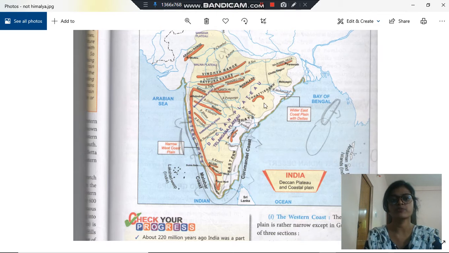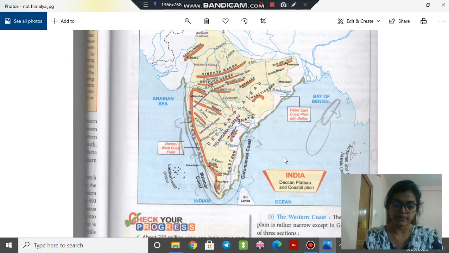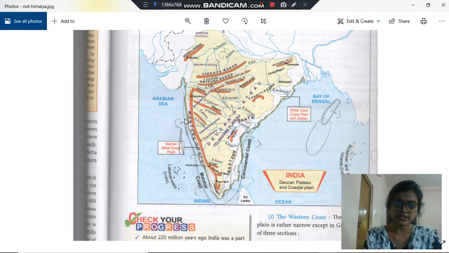The first part is Central Highland, this part is Central Highland, and this part is Deccan Plateau, and it is triangular in shape with broad head in the north and narrow apex in the south. So this is our peninsular plateau, which is divided in two parts by river Narmada, first part is Central Highland, second part is Deccan Plateau.